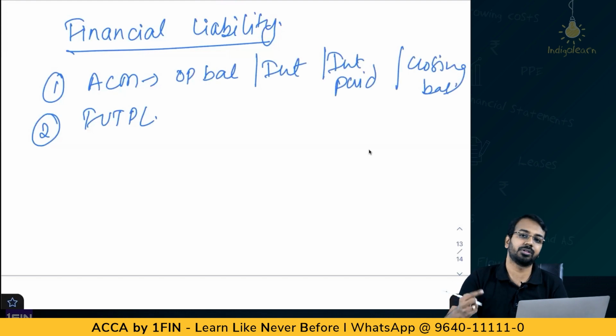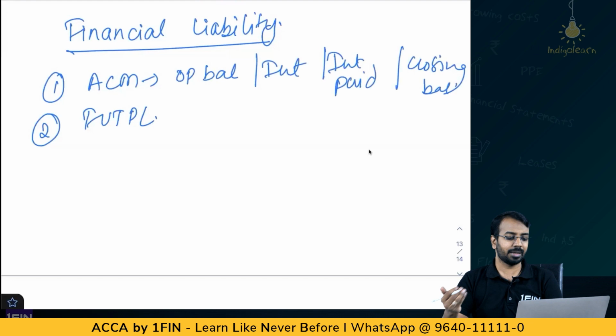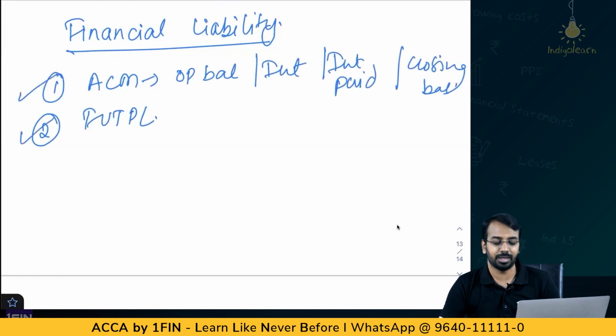Under fair value, you will use the fair value method to determine the fair value gain or loss to be taken to P&L, right? And initially, when you recognize, again using fair value, adjusted for the transaction cost, and subsequently you will measure it using amortized cost or fair value through P&L.